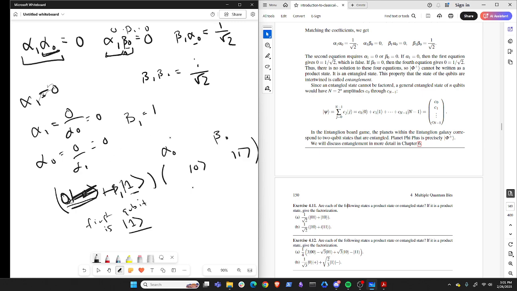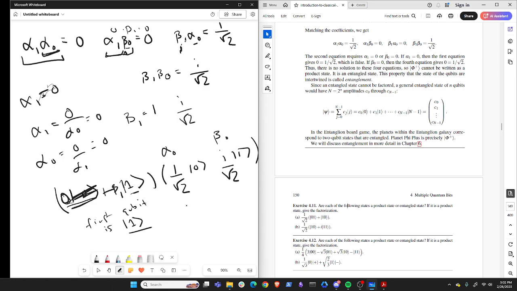Then the amplitude is 1. So that means that the amplitude for B sub 0 is simply i over square root of 2, and the amplitude for alpha sub 0 is just 1 over square root of 2. So 1 over square root of 2 and i over square root of 2.